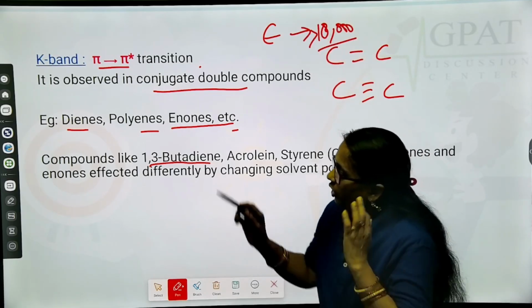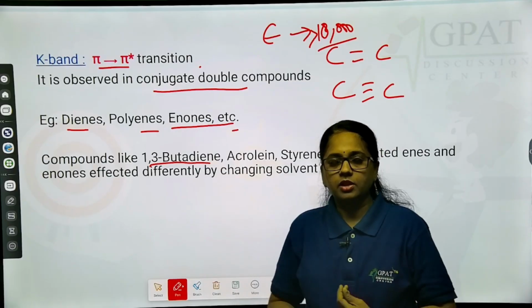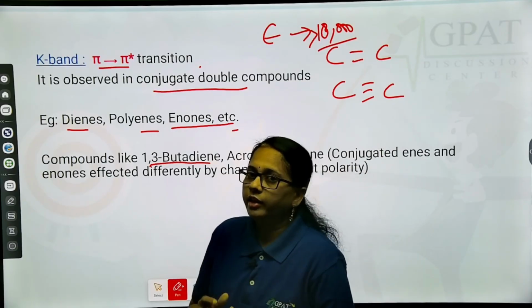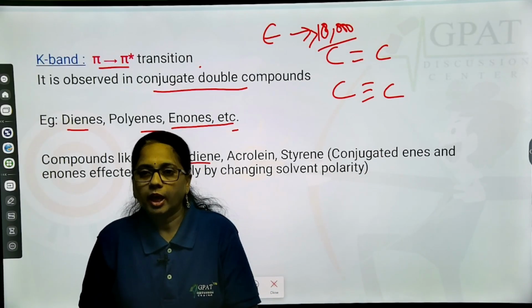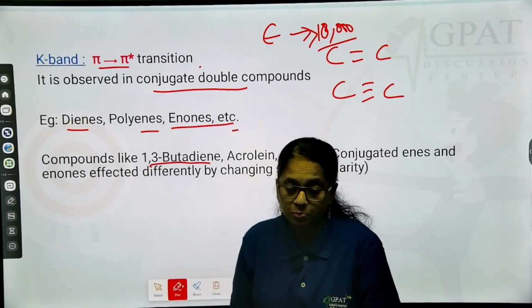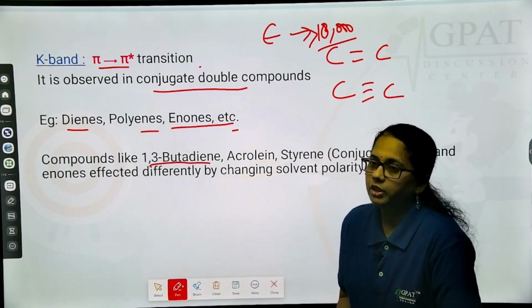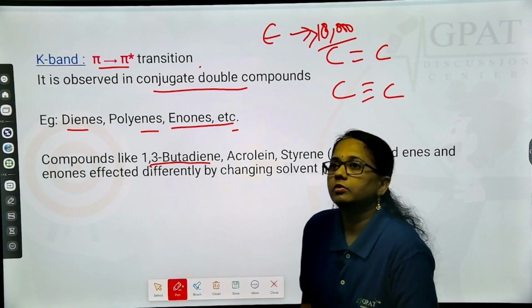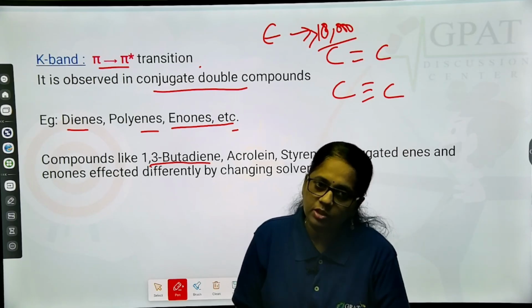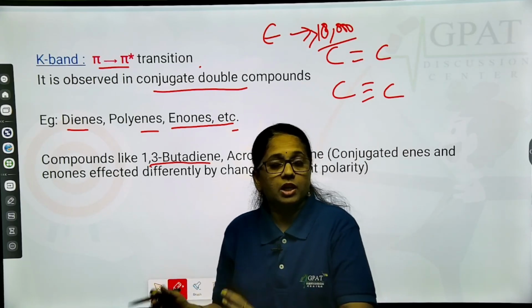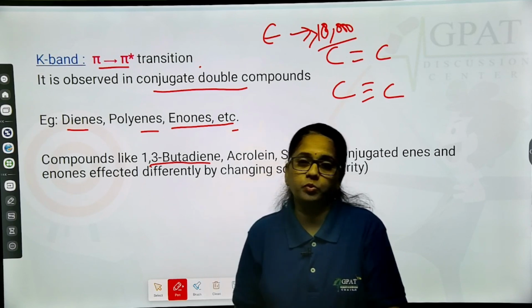Okay, so all types of K bands have very high intensity, and the epsilon value is always more than 10,000. Thereby you can easily determine such compounds qualitatively as well as quantitatively by UV spectroscopy.